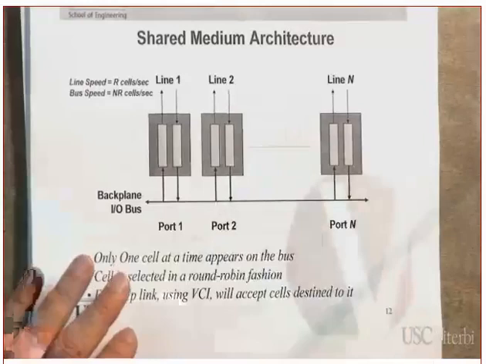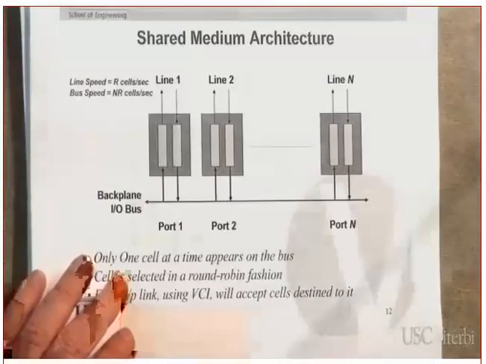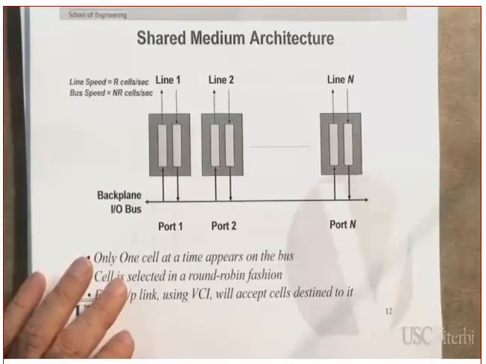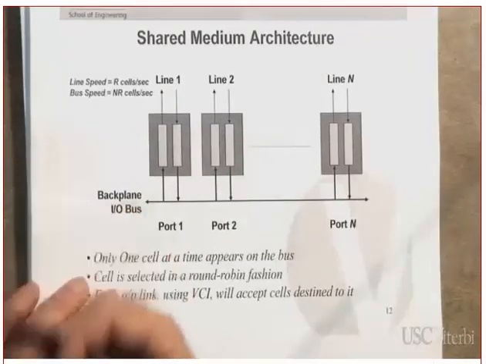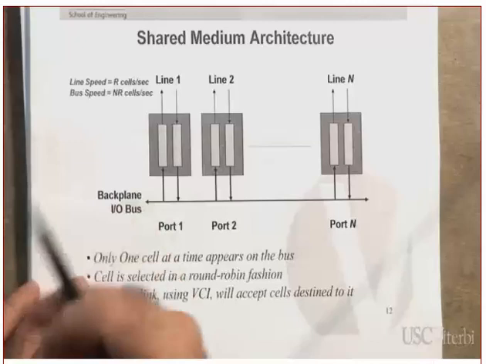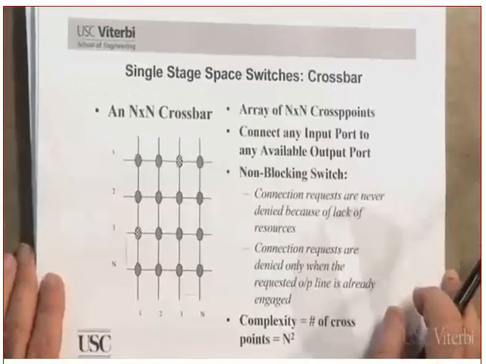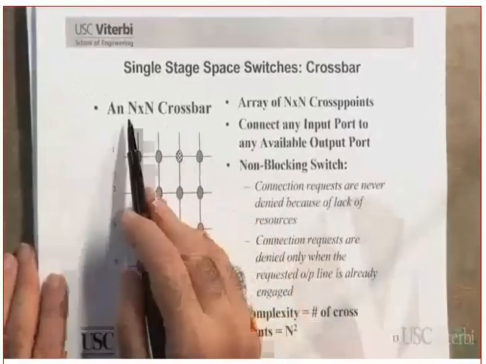Then we went into the space switches. Again, as I told you, switch in time, just in space. The first case that we looked at is what is known as a single crossbar, where the intersection of every incoming and outgoing link is a cross point. This is a cross point. And remember what I told you last time: in every row and in every column, there should be only one cross point that is activated.